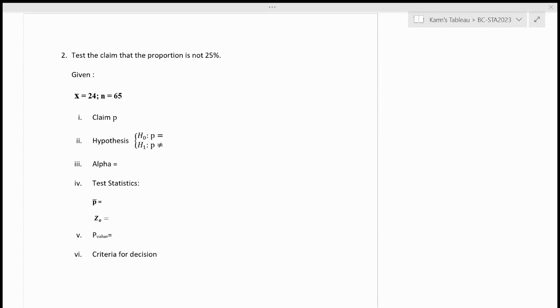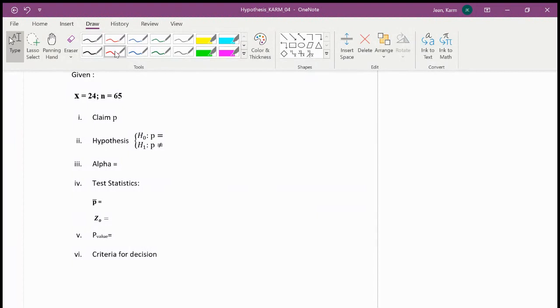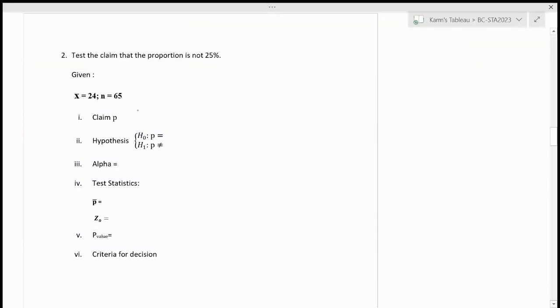Okay, so let's continue. Can you guys tell me what the claim will be?